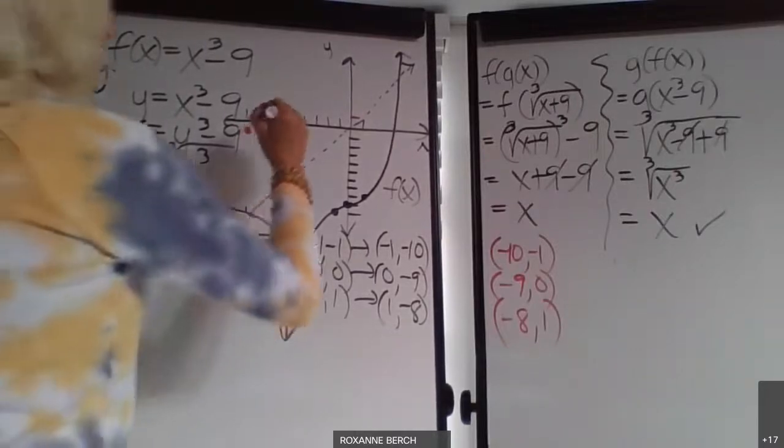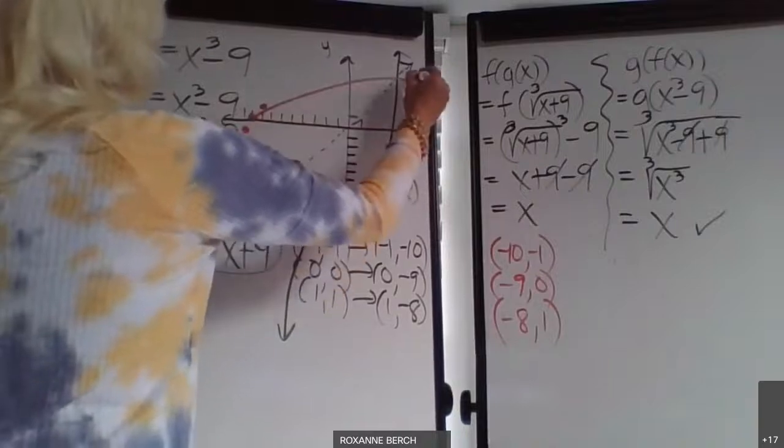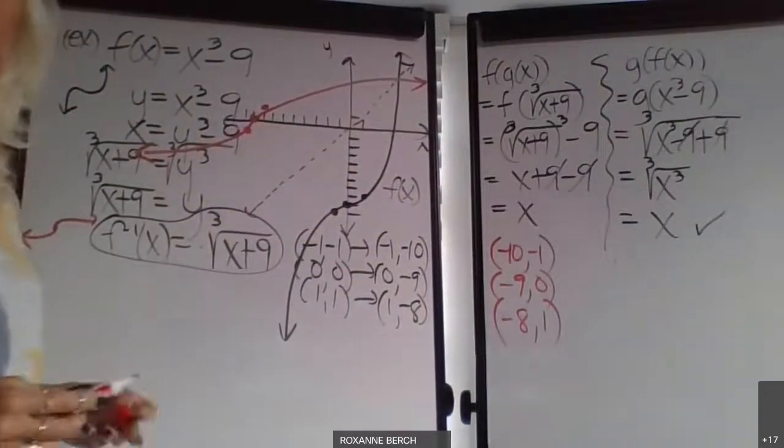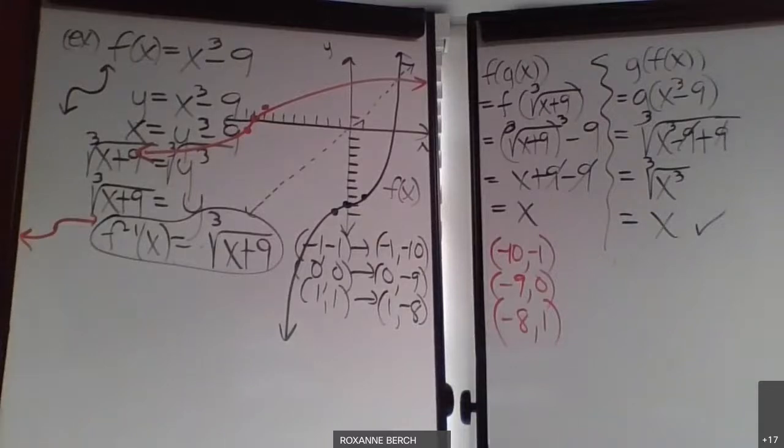So you're drawing this guy to the right and to the left. That's a weird graph, but it does reflect over the identity.